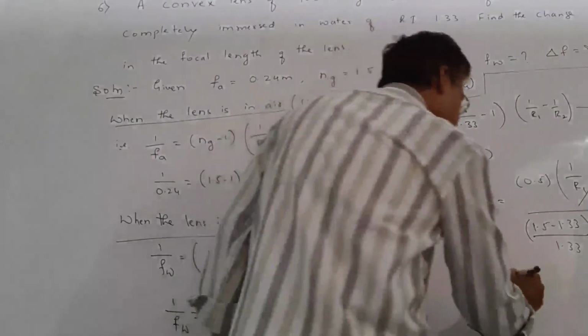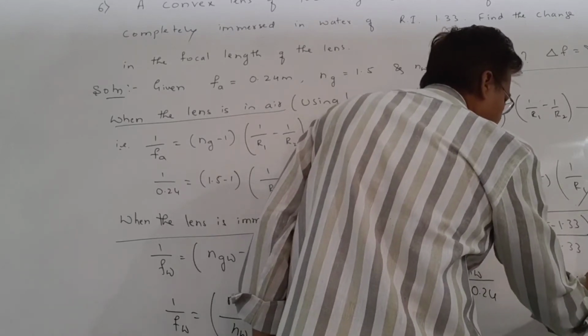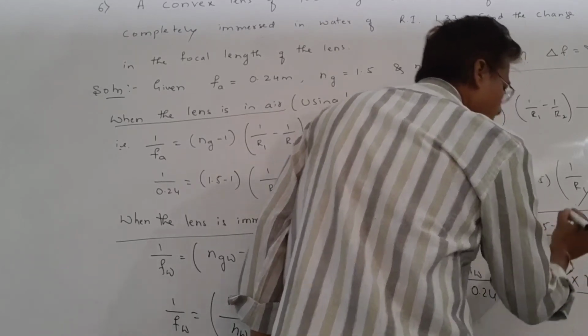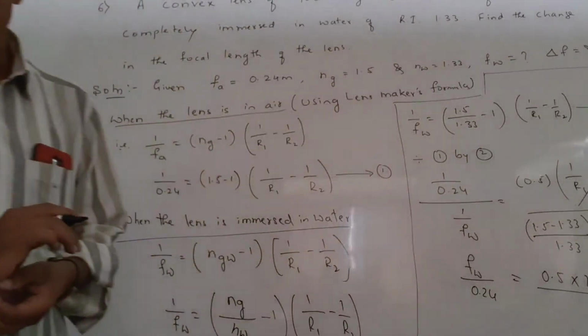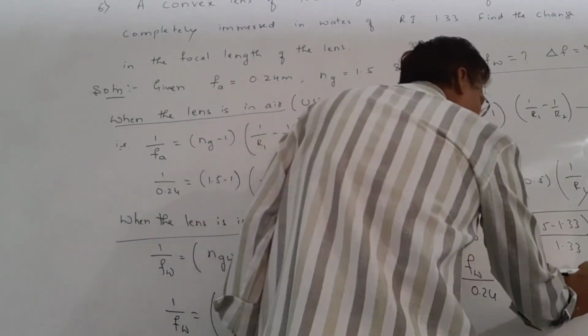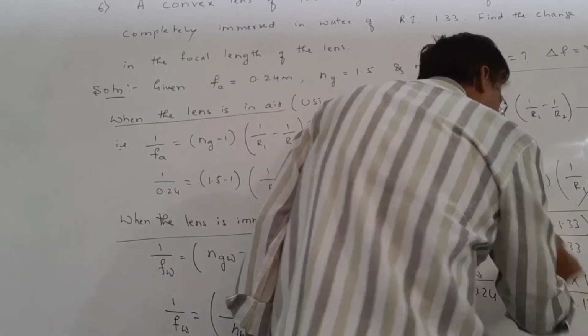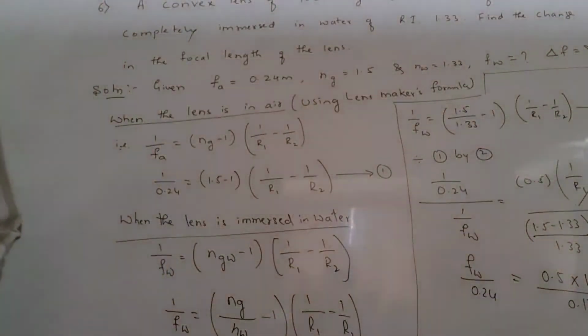So this is 0.5 into 1.33 divided by 1.5 minus 1.33, which is 0.17. Now divide and calculate how much you are getting.